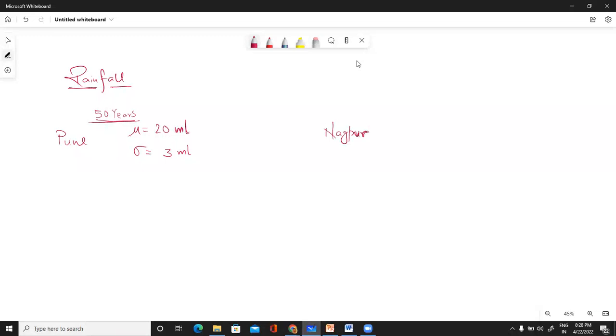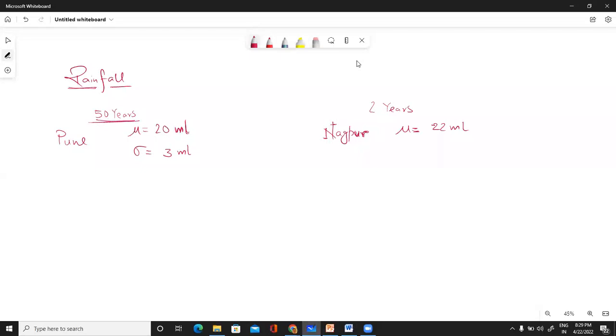In Nagpur, we have just 2 years of data, not 50 years, and the mean came out to be, say, 22 milliliters. 22 milliliters of rain fell in Nagpur.